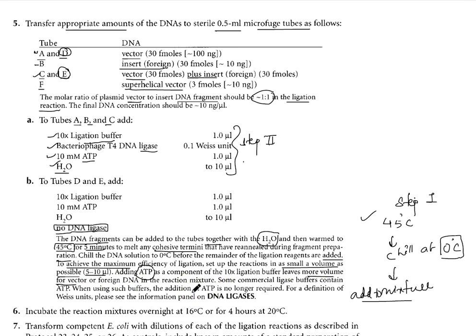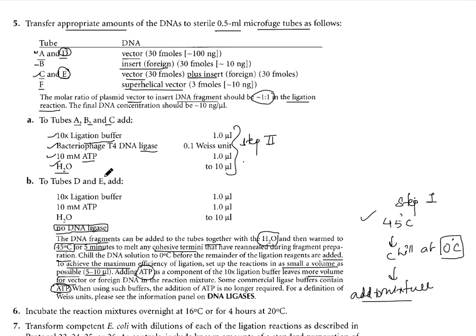There are also some ligation buffers in which ATP is already added during preparation, so addition of ATP is no longer needed. You have to read the content of the ligation buffer. If ATP is already added, you do not need to add it.